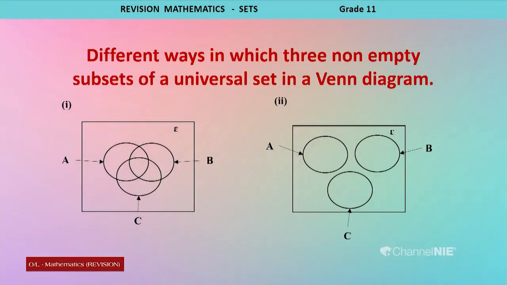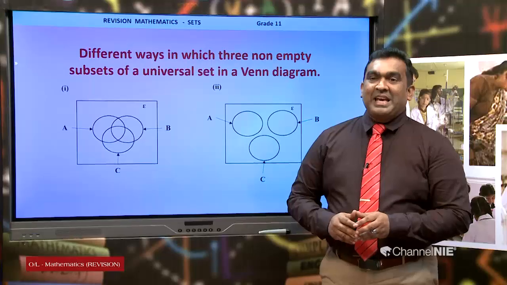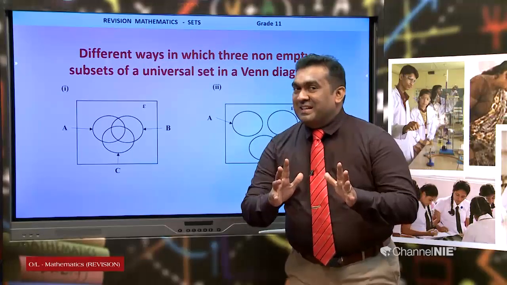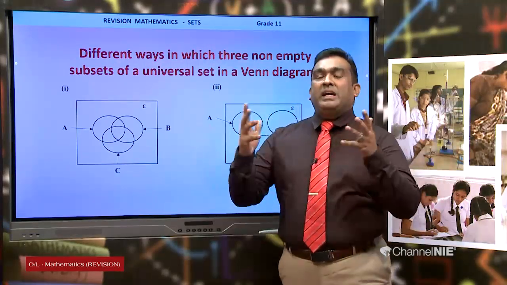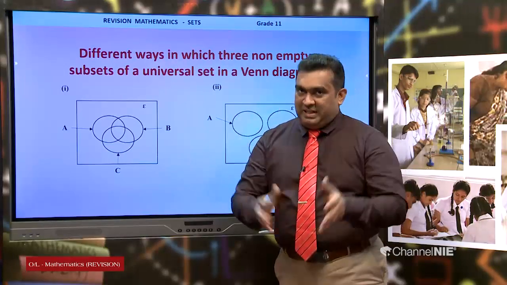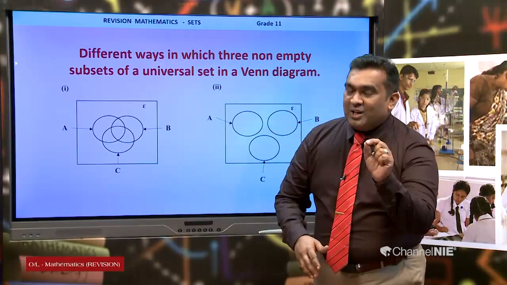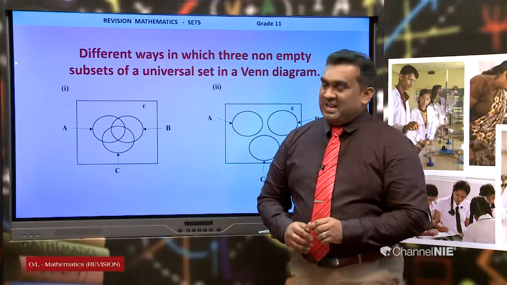Now, the different ways in which three non-empty subsets of a universal set can be shown in a Venn diagram. Here we consider three sets A, B, C, or P, Q, R, or X, Y, Z. Non-empty means they are not empty sets, right?